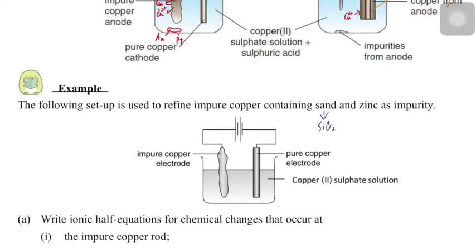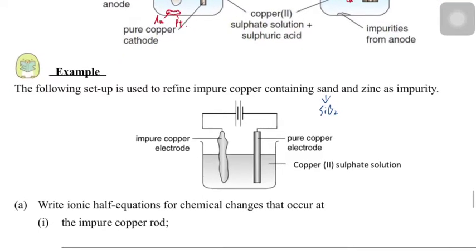So in this setup, when the circuit is closed, at the anode we have the impure copper electrode, so it should contain copper, silicon dioxide and also some zinc in it.